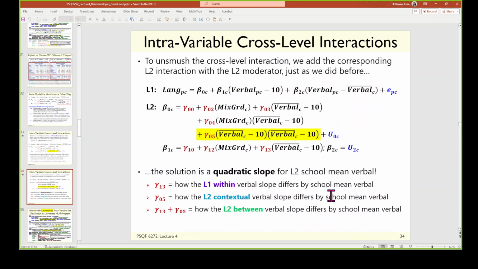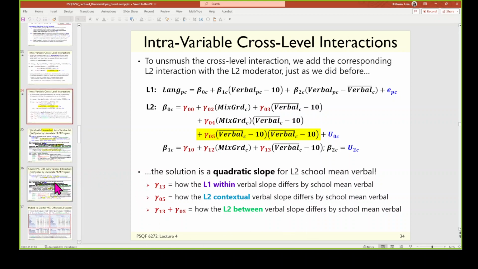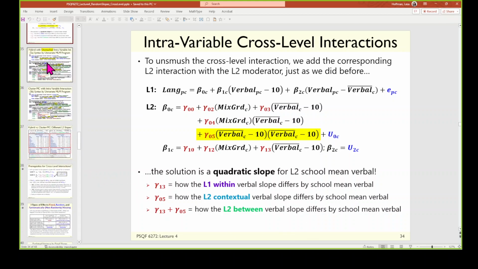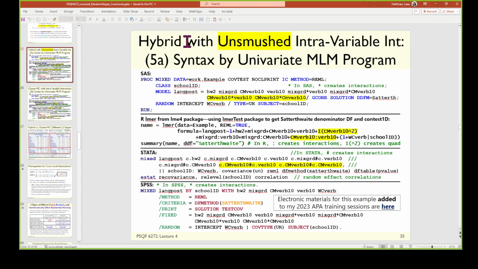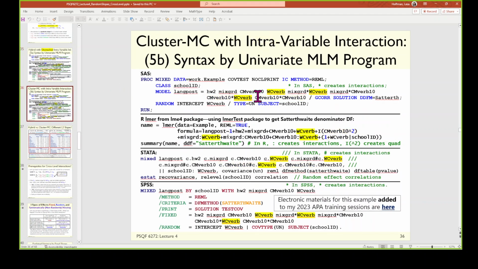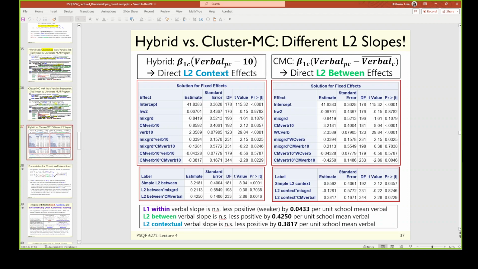There it is. Quadratic term. This is what the basis of example 4 is going to be, is an intravariable relationship. Same thing here, you can set it up with the hybrid model using constant centering or a cluster mean centered model, and you end up with compensatory results across the two.